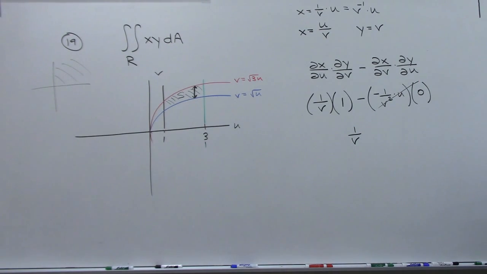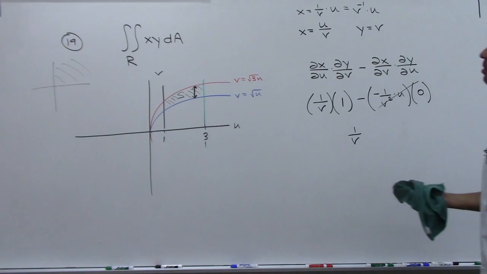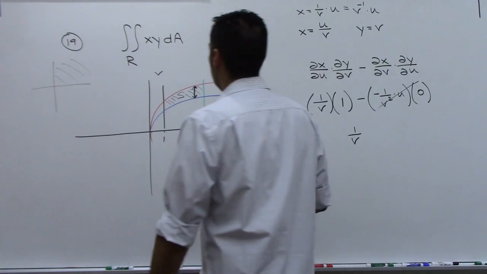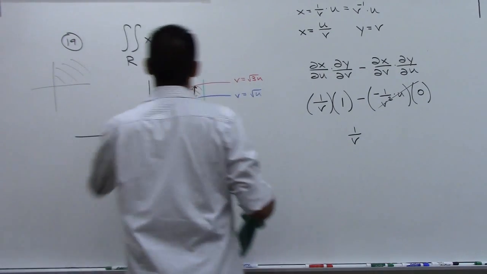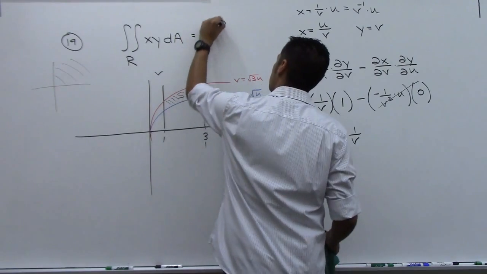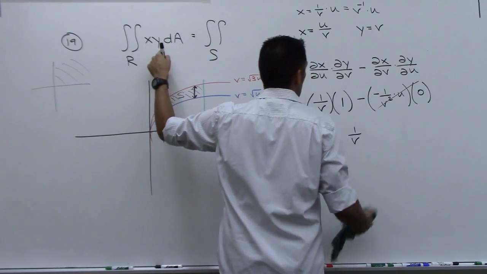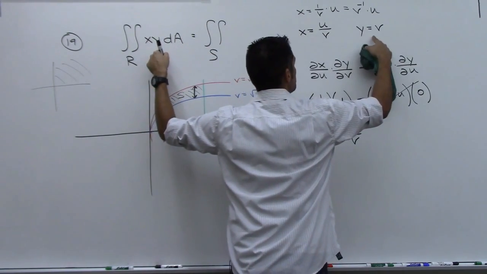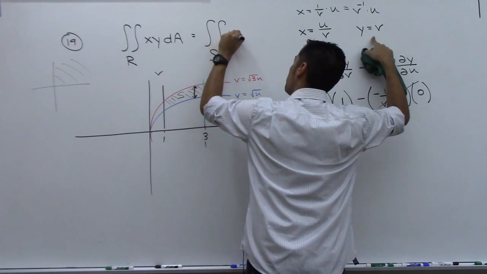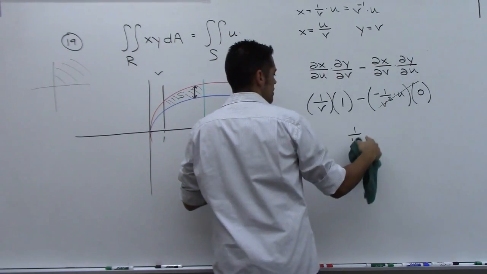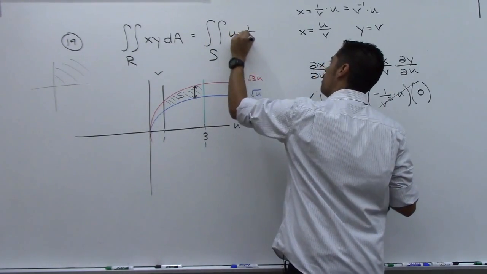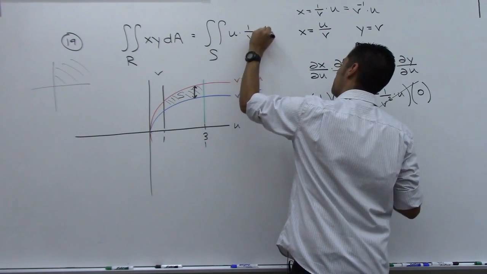All right, a couple more things to do here. I need to come back over to this double integral. I'm going to do the double integral over the region S of x times y, which is this times this, which is just u, times the Jacobian determinant, which is 1 over v, with respect to area.